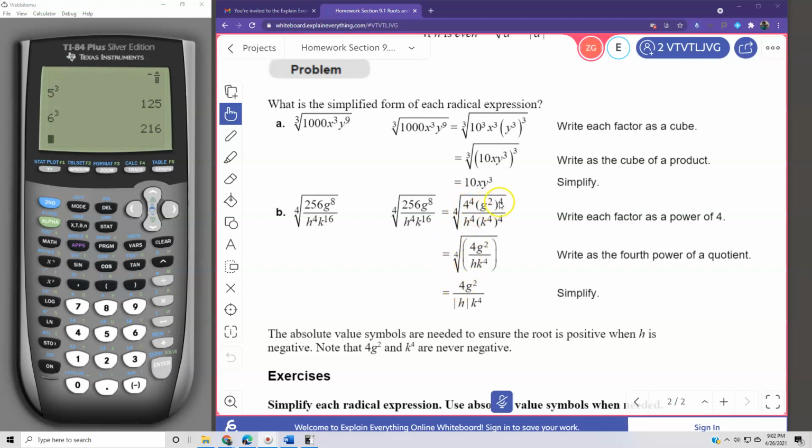G squared raised to the 4th, it's going to be g squared. H to the 4th is just going to be h. K to the 4th raised to the 4th is going to be k to the 4th, and there it is, okay? The absolute values are needed to ensure that the root is positive when h is negative, okay?